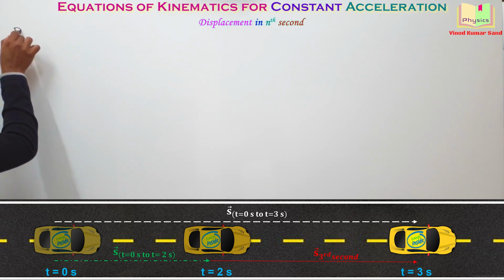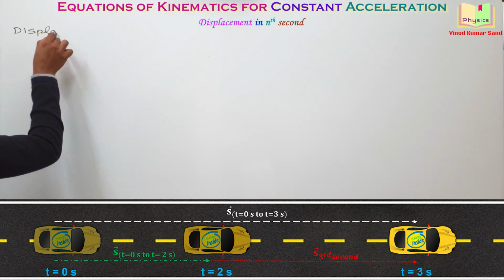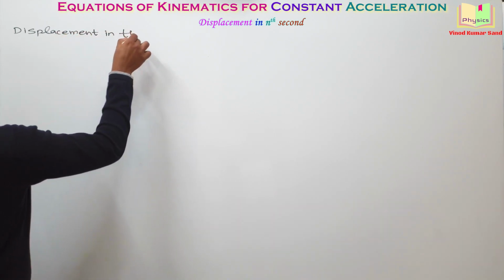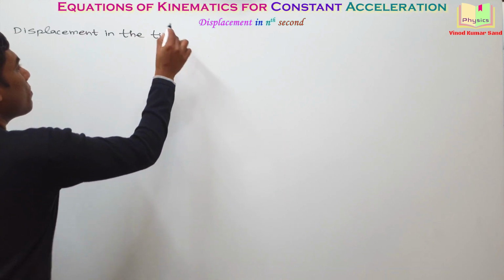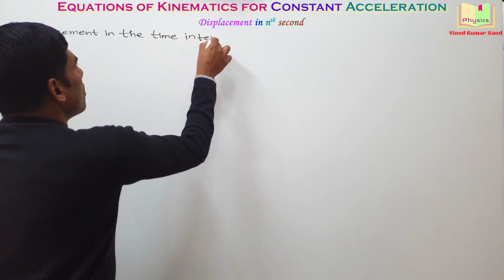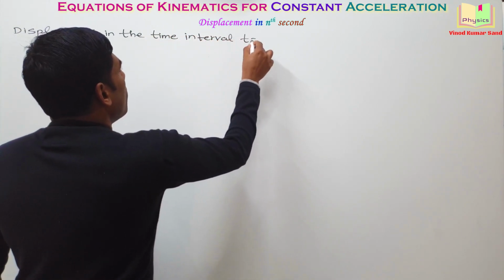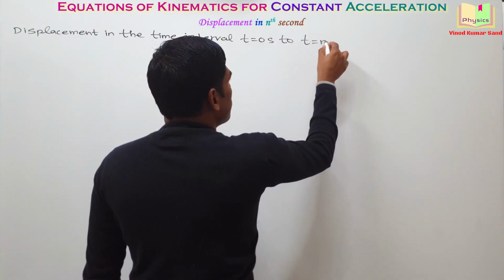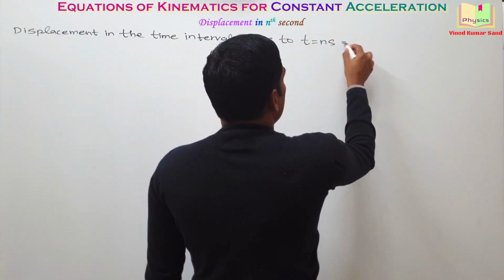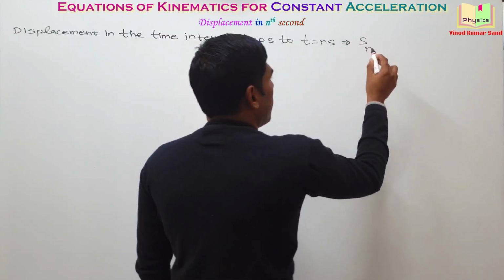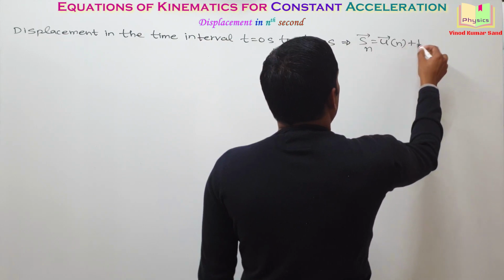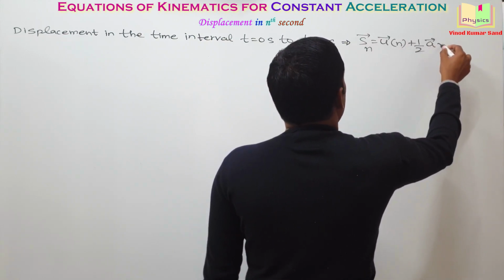First of all, we will obtain the displacement in the time interval t is equal to 0 second to t is equal to n second. That displacement we indicate as Sn is equal to un plus half an square.